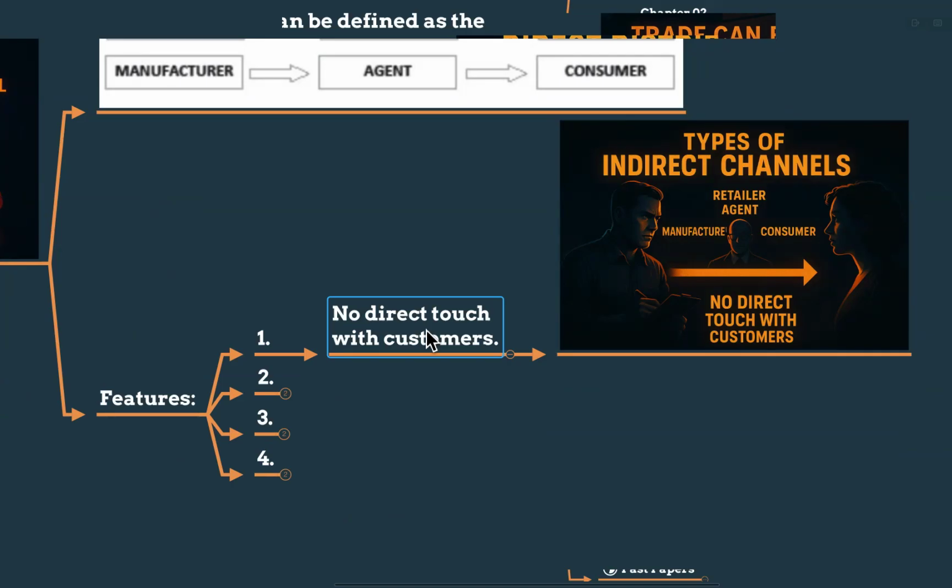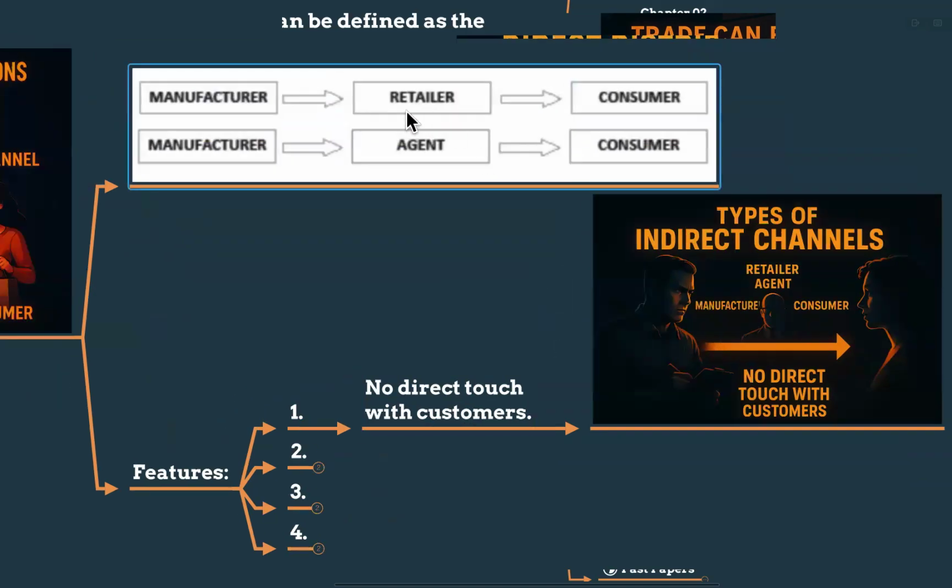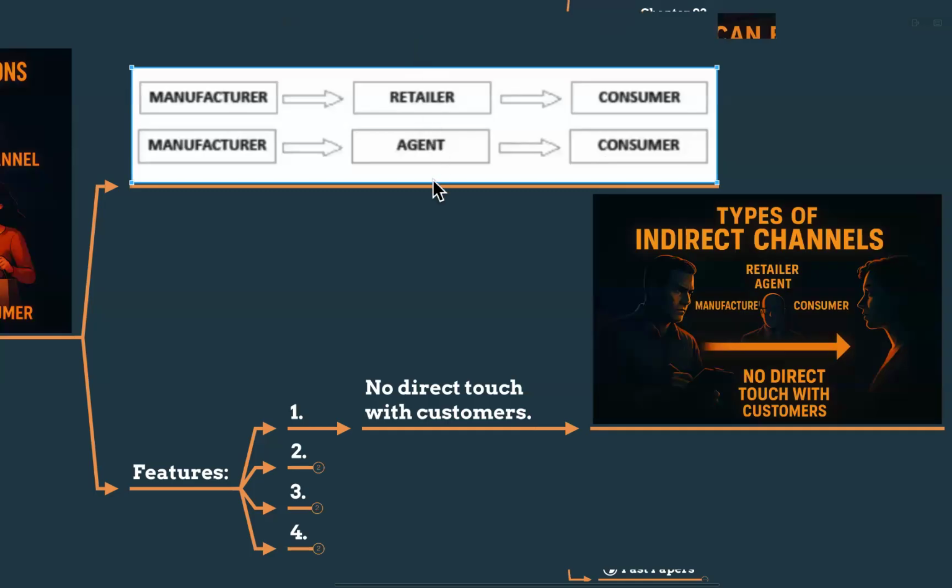At the same time, if we want to get feedback about our product or service, so for simplification, let's consider only products. If you want to take feedback in a single intermediary channel, you have to get the feedback about your product from the retailer only, because the retailer is communicating with the manufacturer, and the retailer is communicating with the consumer.